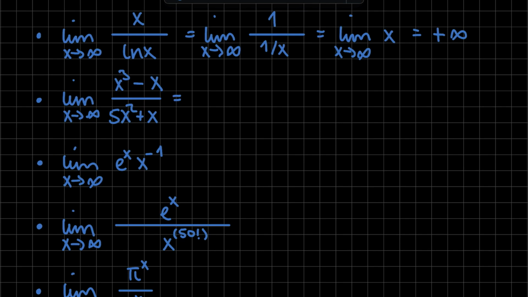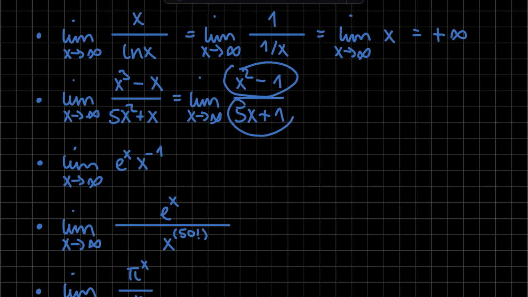So let's rewrite this as the limit as x tends to infinity of x squared minus 1 over 5x plus 1. Okay, now direct substitution gives us infinity on the numerator and infinity on the denominator.